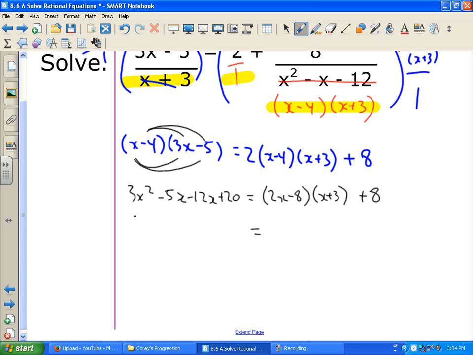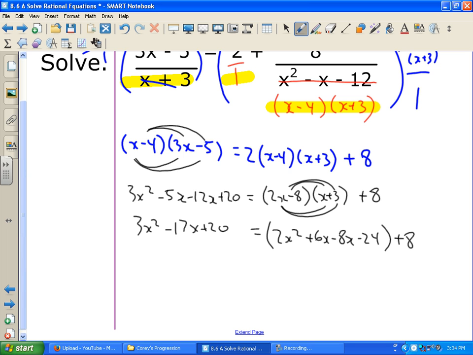Left-hand side, combining like terms, 3x squared minus 17x plus 20. The right-hand side, still have to do some double distribution here. That's going to give me 2x squared plus 6x minus 8x minus 24. And that's still plus 8.